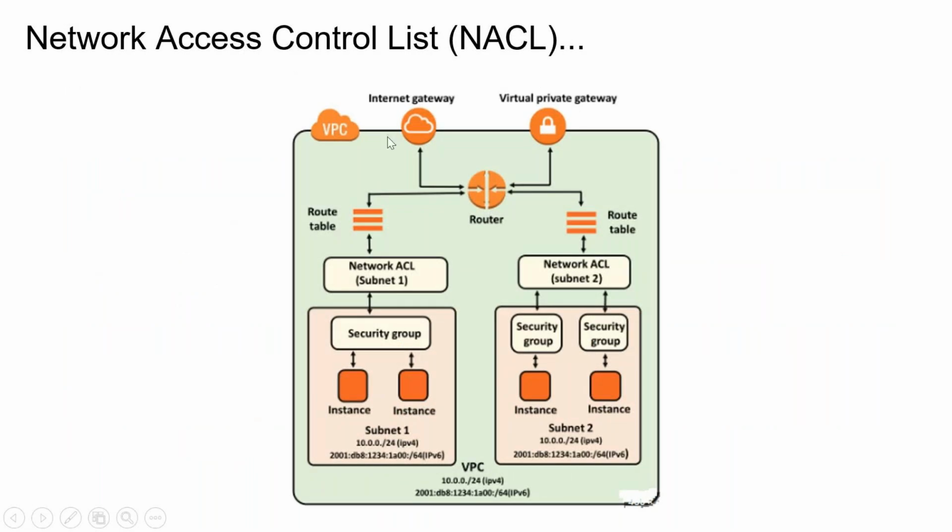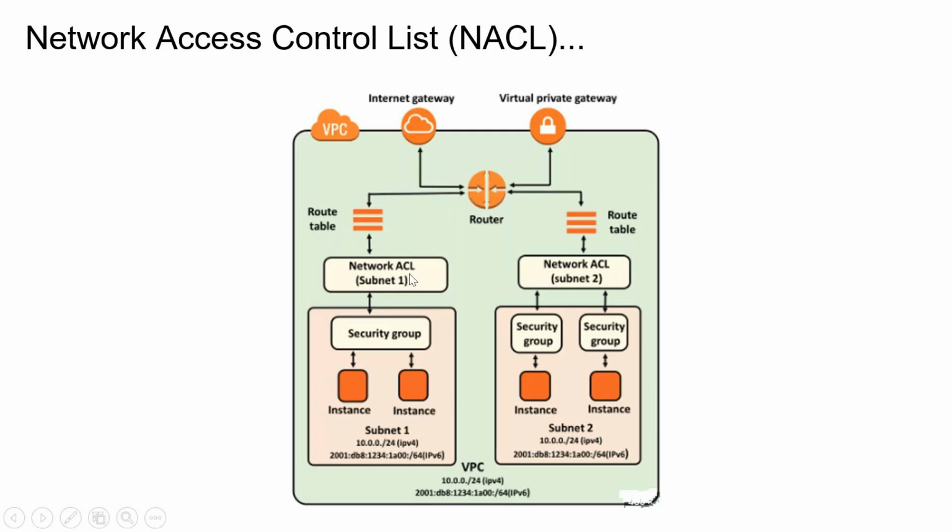If you see this picture, this is your subnet one, this is subnet two, and here we have instances. Two instances are sharing the same security group, and these other two instances have their own security groups. And on top of it, on each subnet we have one NACL. So whatever traffic comes from the internet gateway has to be filtered first at the NACL level.